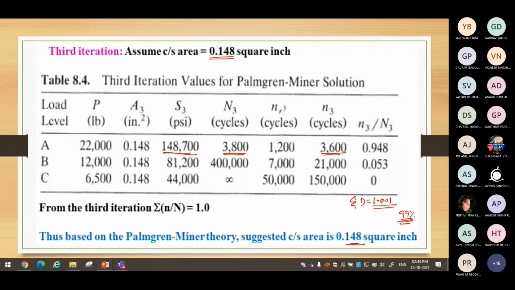For example, in this problem, it is stated that I am applying 22,000 pounds of load. Now you have to ask the question, how far in a real application can I maintain the load constant at 22,000 pounds only. Suppose instead of 22,000 pounds, in one or two cycles, because of some environmental issue or something, it crosses 22,500.